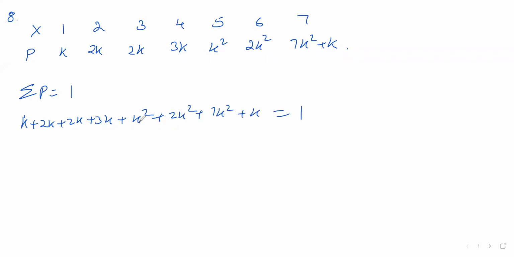So 2K square plus 3K square is 3K square, 3K square plus 7K square is 10K square, plus 3K, 5K, 8K, 9K is equal to 1.